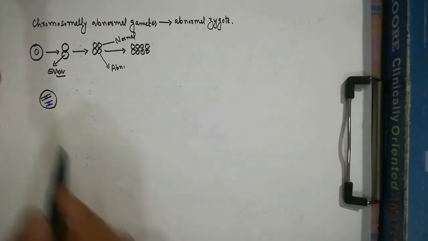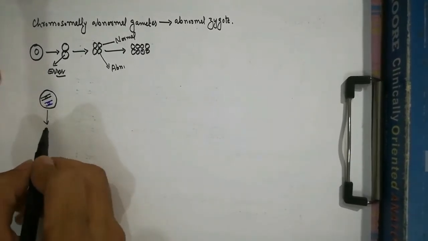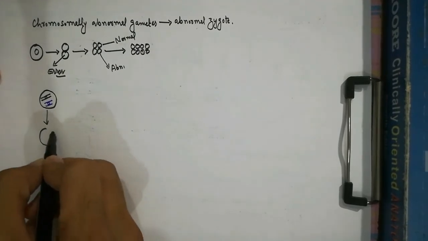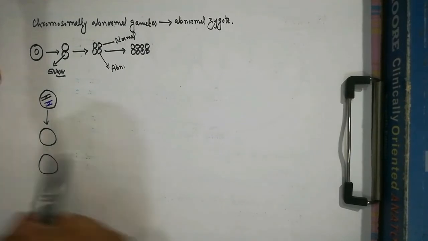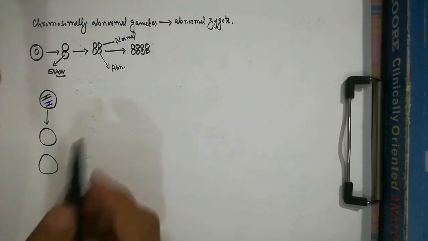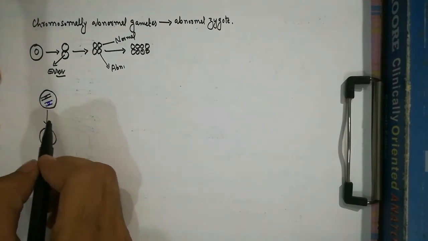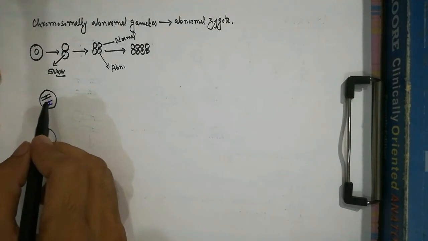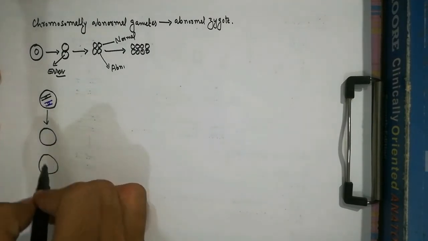When this cell divides by first meiotic division, these are two daughter nuclei, one secondary oocyte and other polar body nuclei. These homologous chromosomes separate, and each chromosome from this pair enters a different daughter cell.